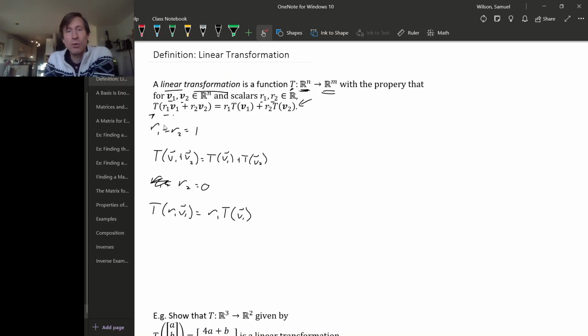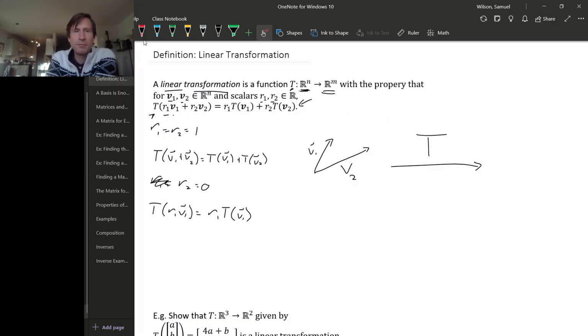Geometrically speaking, what's going on here is, if we have these two vectors, v1 and v2, and we apply T to both of them, T does something to v1. So maybe it turns v1 into this vector over here.